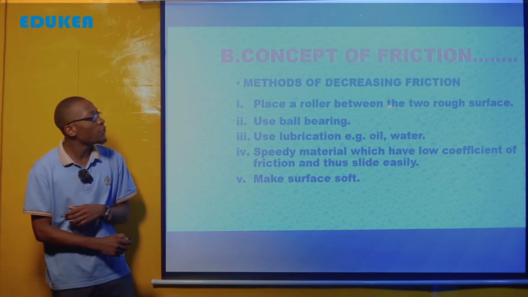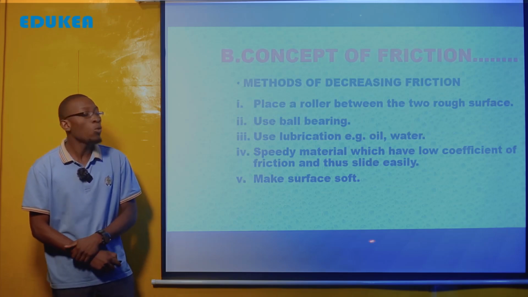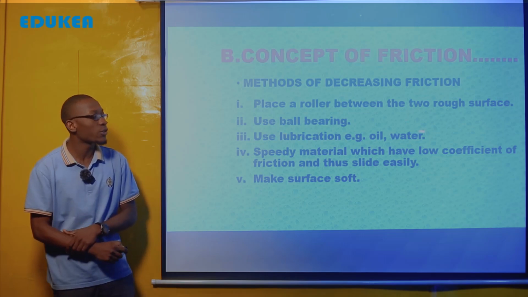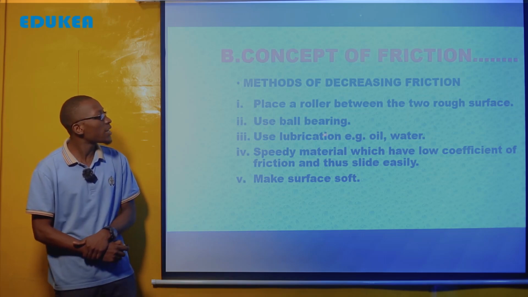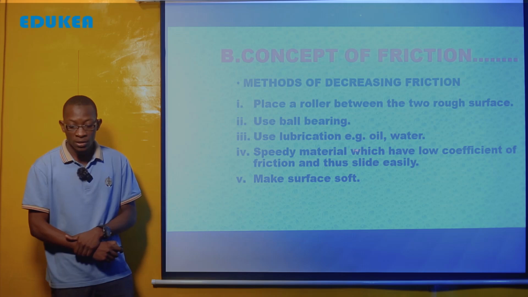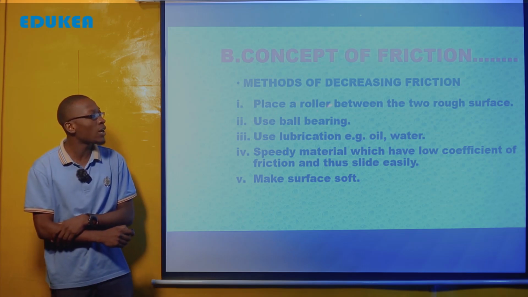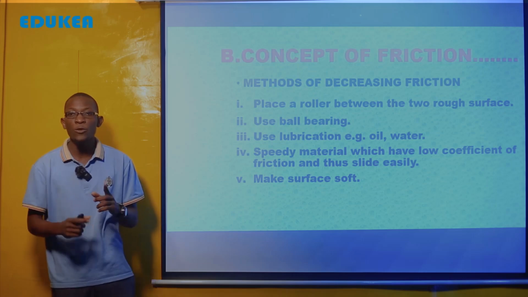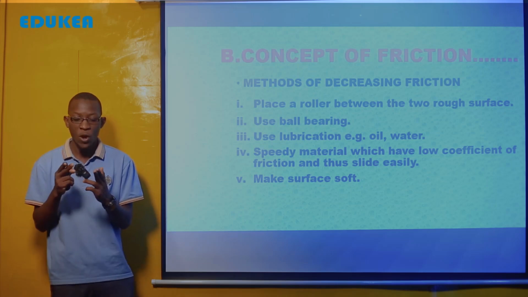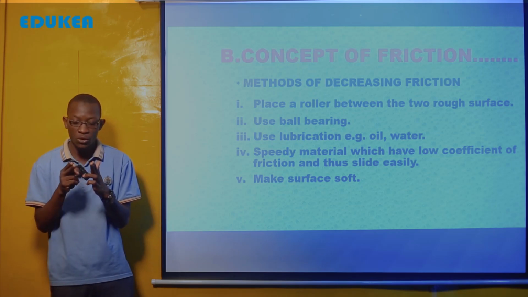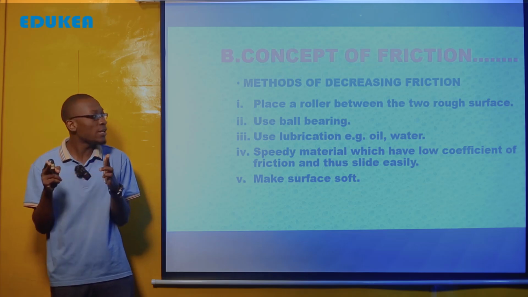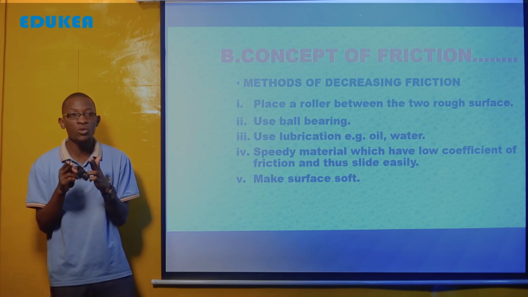Now the methods of decreasing friction. What are the methods of decreasing friction? We see that the first one was placing rollers between rough surfaces. If you have two rough surfaces, once you introduce a roller in the middle, the friction force tends to decrease.